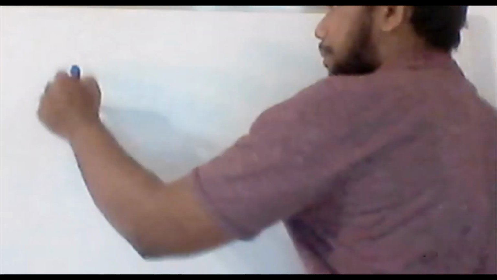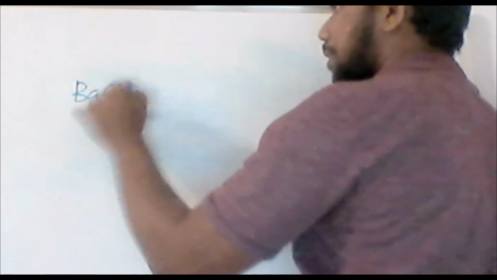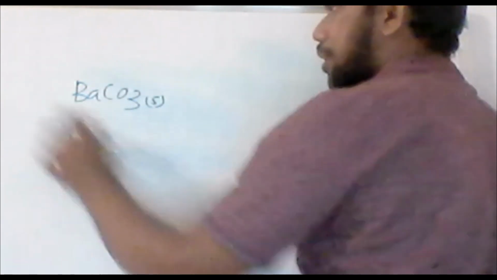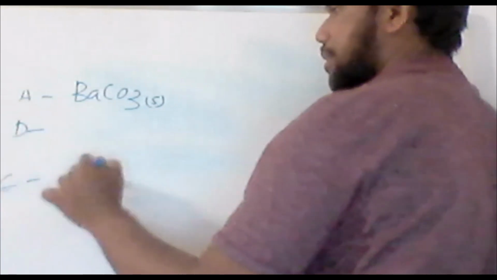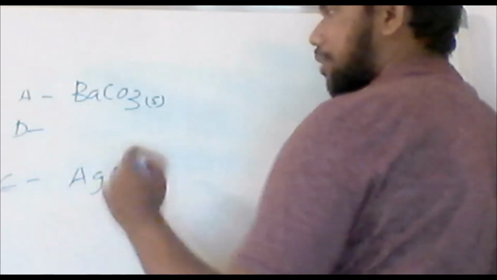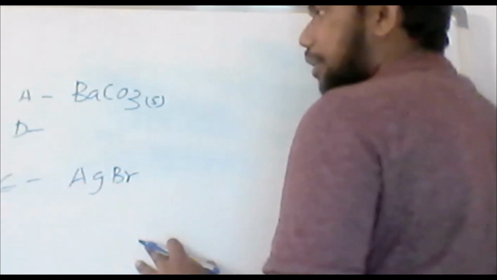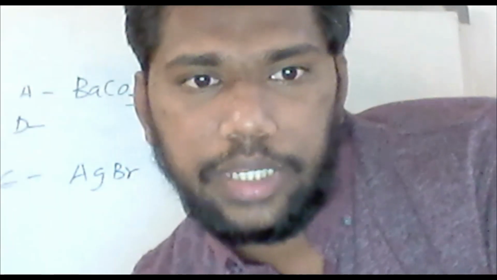A is barium carbonate, D is barium sulfite, and E is AgBr.